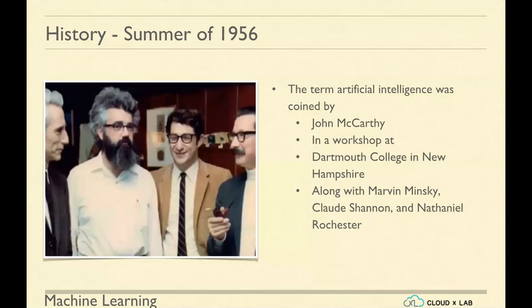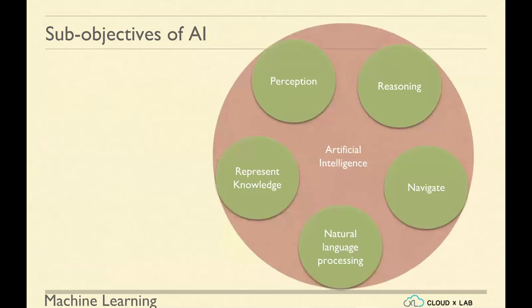AI has been a computer science branch for quite some time. In 1956, the term artificial intelligence was coined by John McCarthy, and the proper definition was given by the whole team at the workshop.